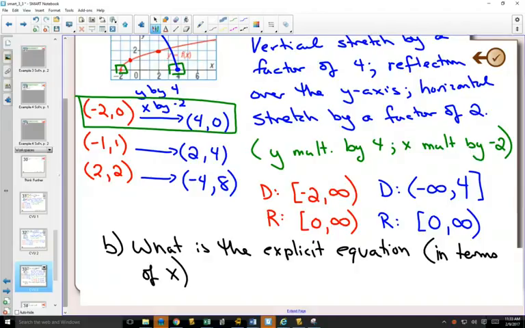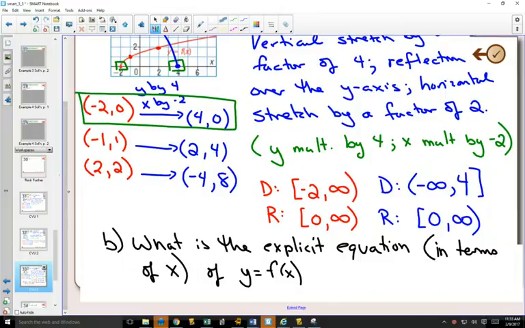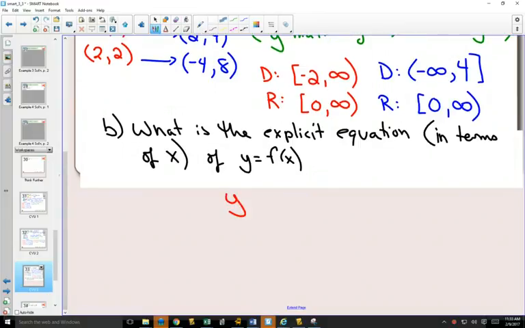What is an explicit equation in terms of x of y equals f of x? What is the actual equation of that red graph? What kind of graph is it? Square root. But it's been moved, right? How has it been moved? To the left. How do we write that? Square root of x plus 2. Good.